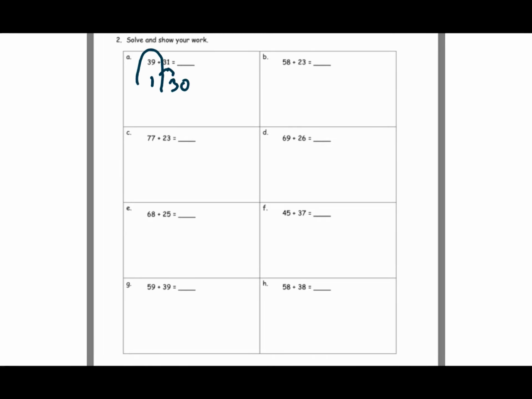So I'm going to add 39 plus 1 first. 39 plus 1 equals 40. And now I'm going to add my other 30, so it'll be 40 plus 30 equals 70. So 39 plus 31 equals 70.